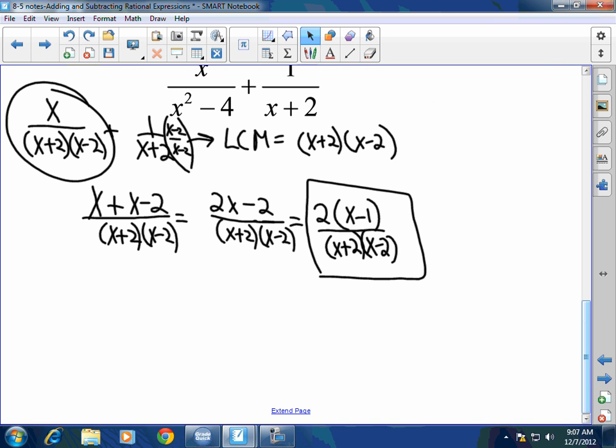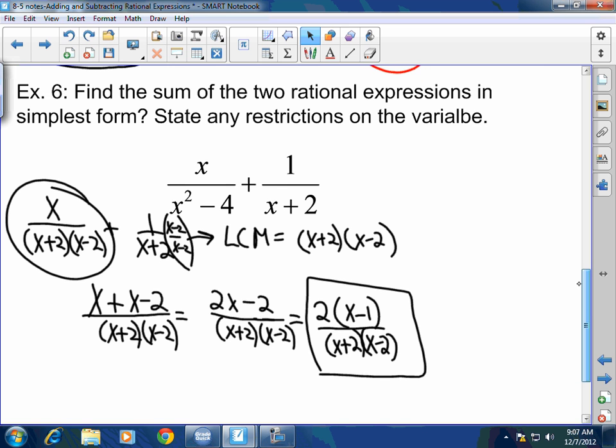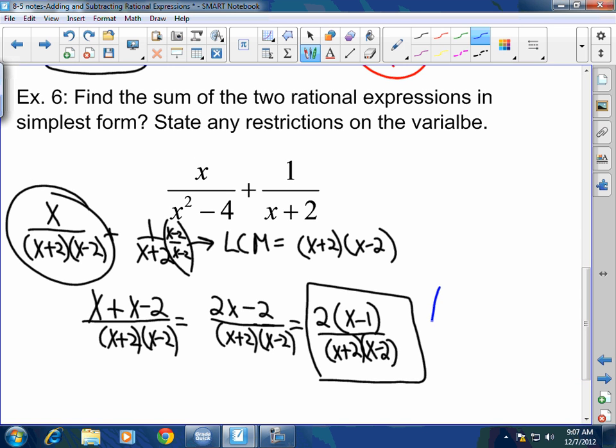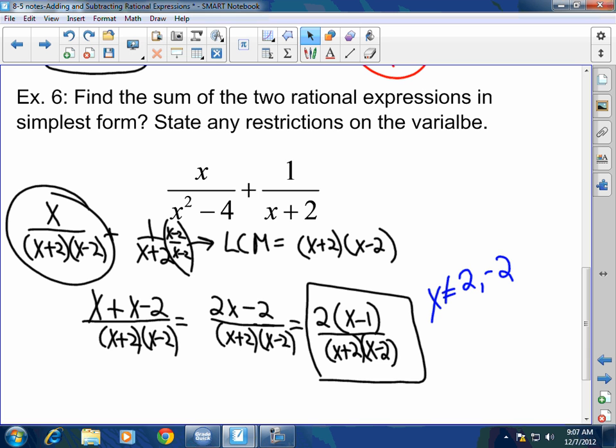Does that make sense? And x cannot equal 2 or negative 2. Does that make sense, guys, so far? Okay.